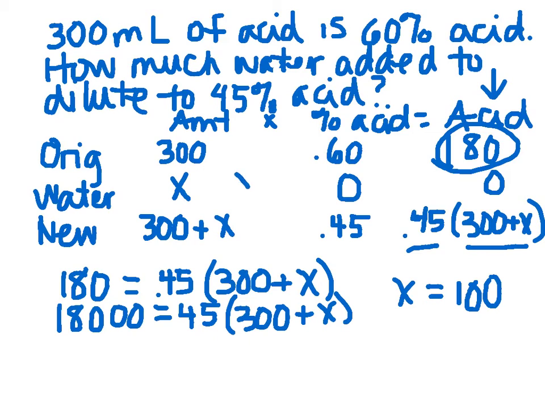Just like water is 0% acid, in some of the problems, you're adding juice. If you're talking about adding juice, what percent is juice? Well, it's 100%. So if I talk about, in number 3, it says there are 800 milliliters of a juice drink that is 15% juice.